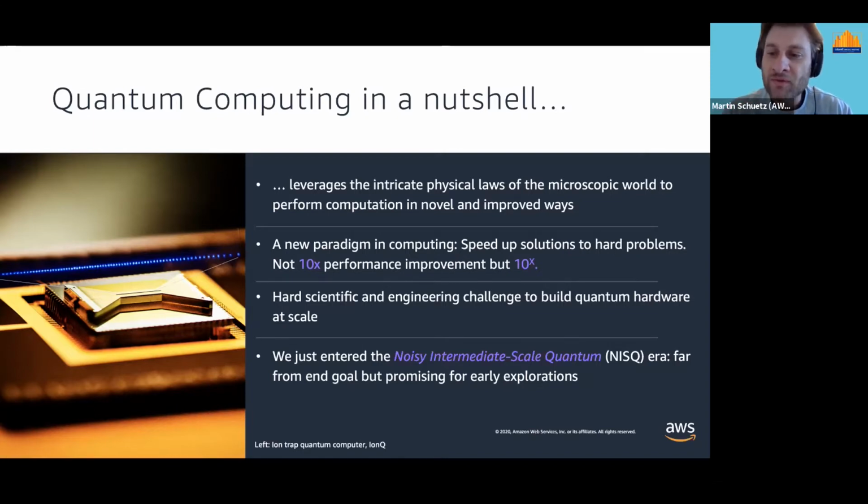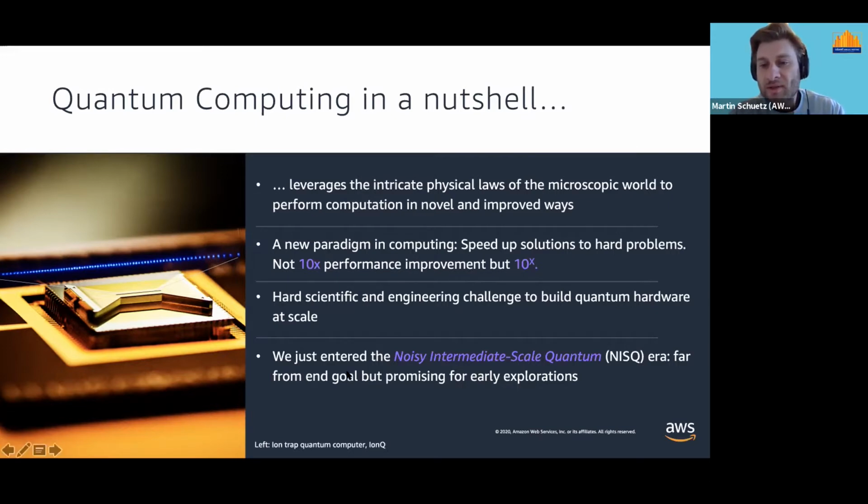So the era that we live in right now has been phrased as the noisy intermediate scale quantum era, which is still far from the end goal. But we can expect some promising first results, and now is the time to get quantum ready for the quantum future once this technology fully unfolds.